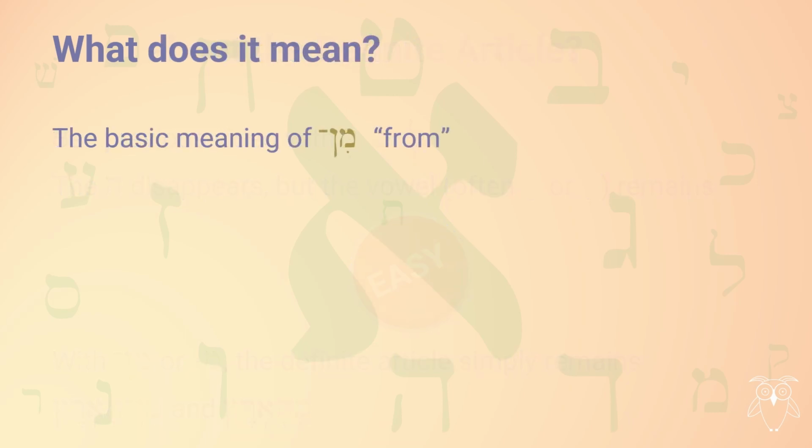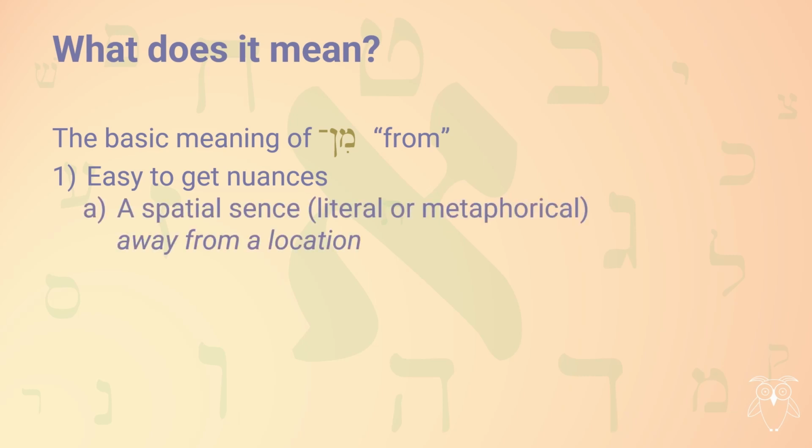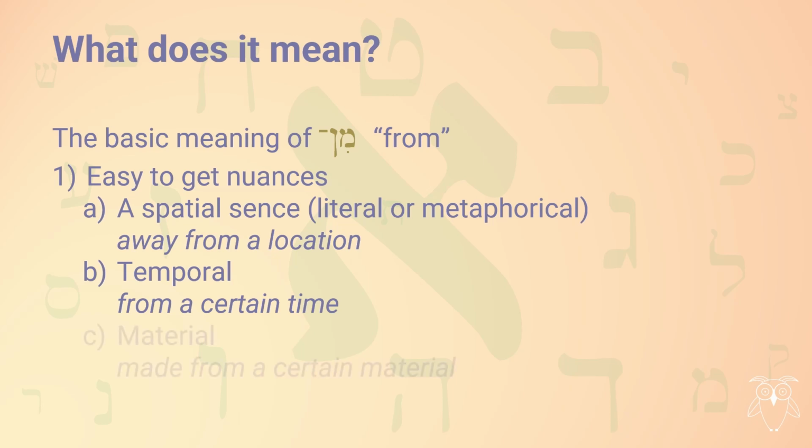As for the meaning of min, I have already given you one definition, namely that the preposition means from, and that is a good place to start. It can mean from in a spatial sense, away from a location, or metaphorically spatial. It can also be in a temporal sense, from a certain time onward. And it can mean from in a material sense, that something is made from a certain material.